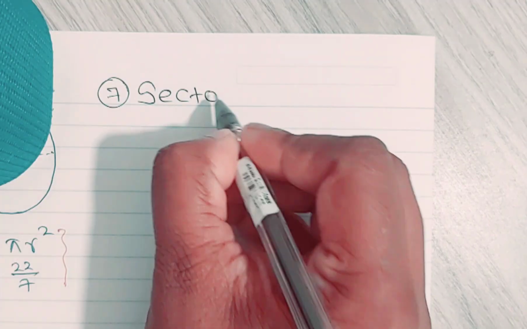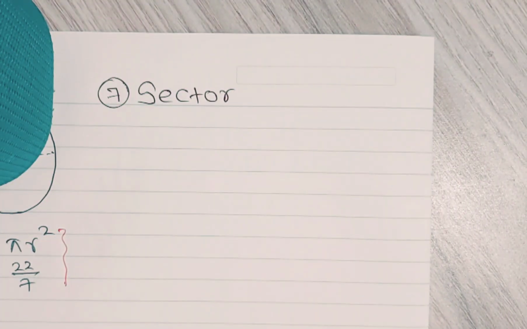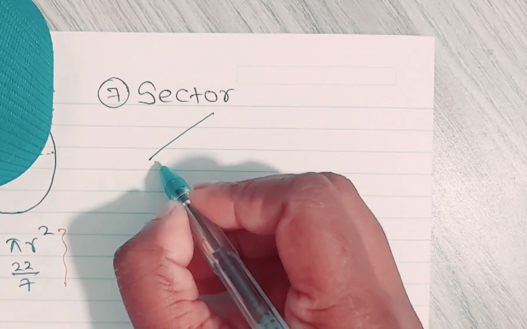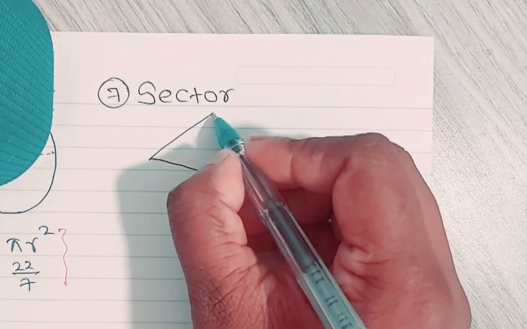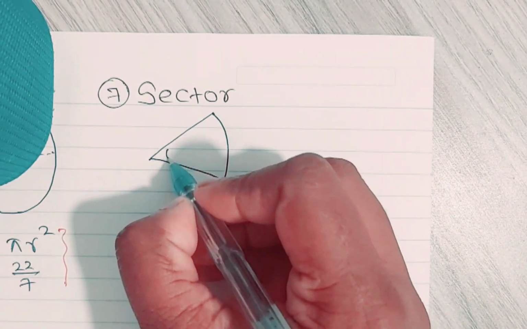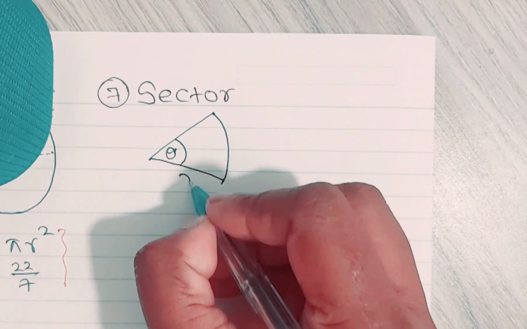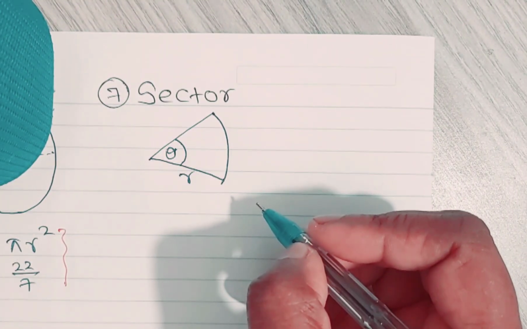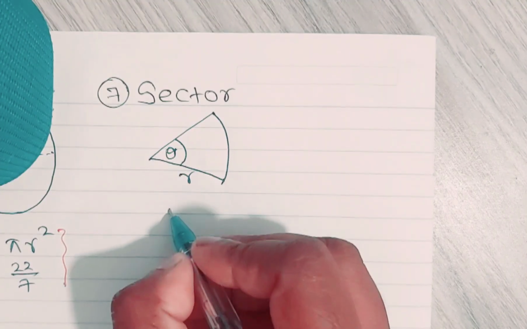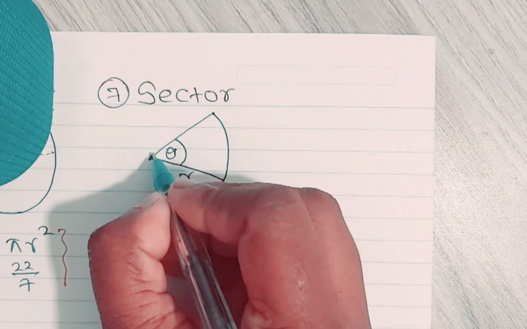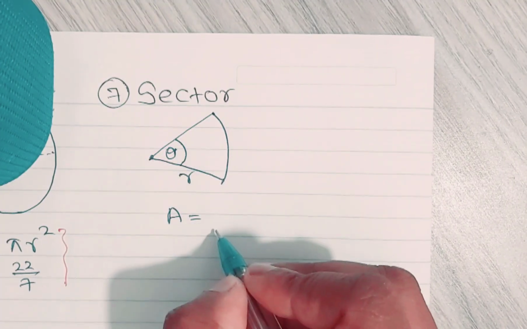Sector means like this part. Sector looks like a piece of pizza. Okay, so if I am taking the part of the circle like this with the central angle theta, I can mark the radius also as simple r. So I can find out the area like this. We know that the angle around a point is 360 degrees.